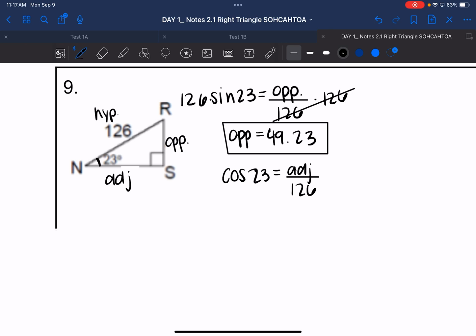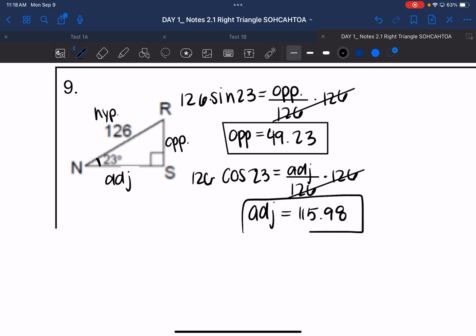Looks like we solved this one the same way, right? All we have to do is multiply by 126. So what's going to be the length of our adjacent side? Good. All right.